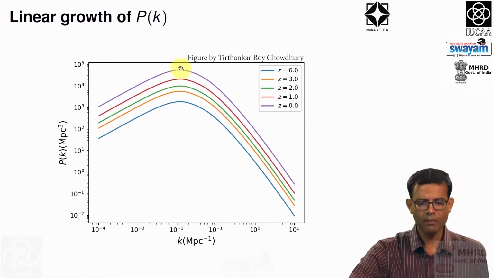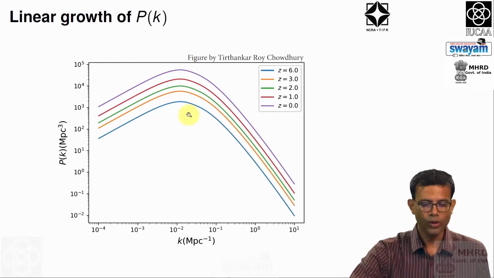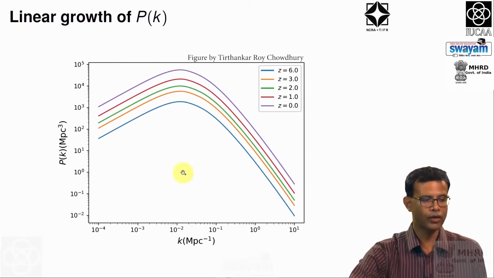Again, remember, these are all calculated in the linear theory. Okay. So, the linear theory predictions are quite simple, that there is a shape of the power spectrum and then you multiply by a redshift dependent factor to get its value at different redshifts. As you go to lower and lower redshifts, the overall amplitude essentially rises, it grows. Okay. So, this is the linear growth of the power spectrum.